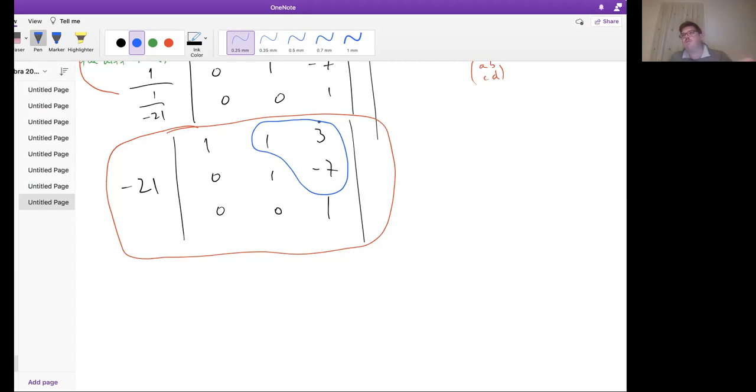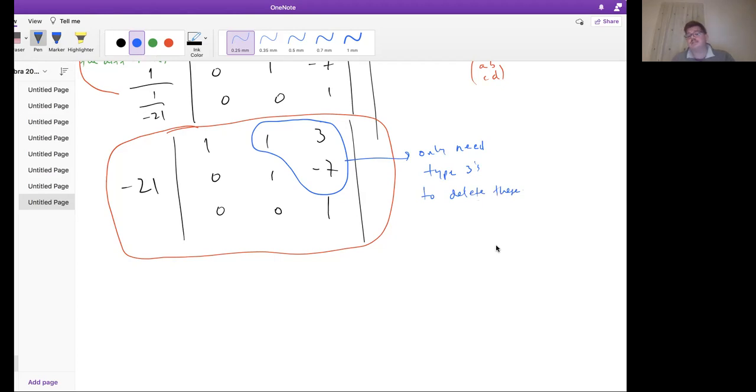Good. Now, what elementary matrices? Correct. You only need type 3s to delete these.